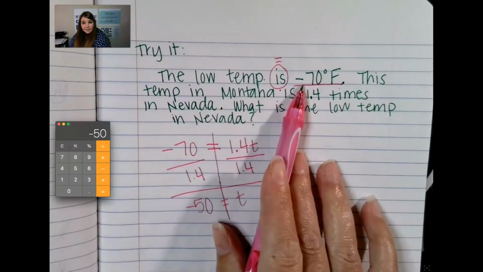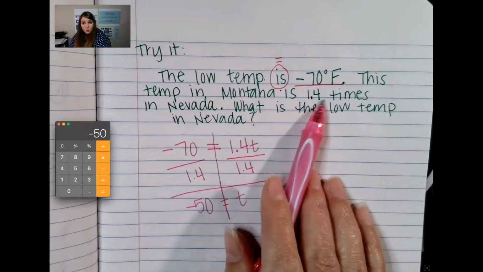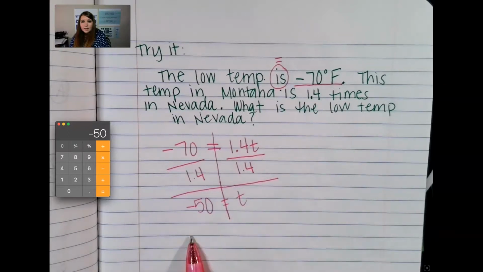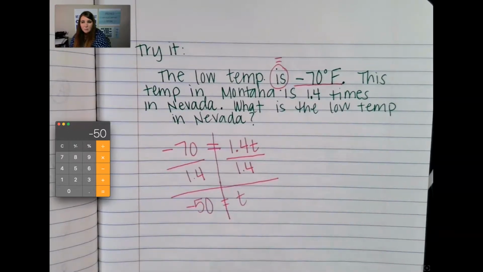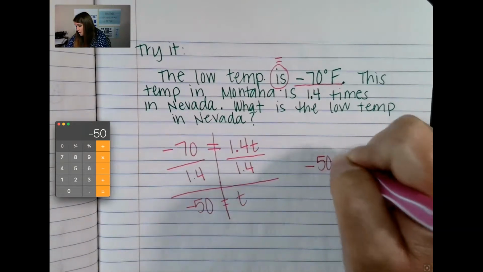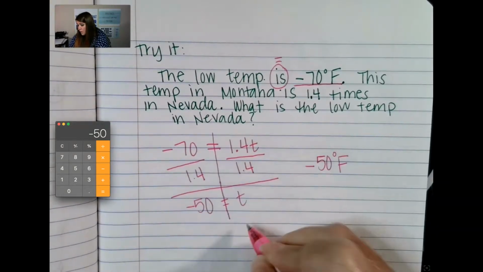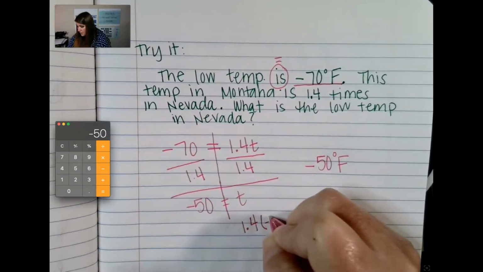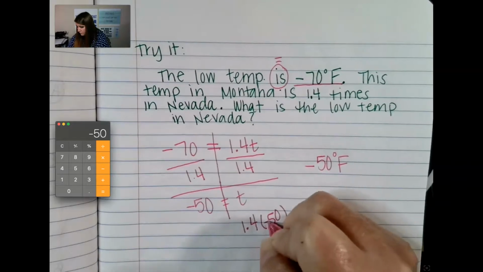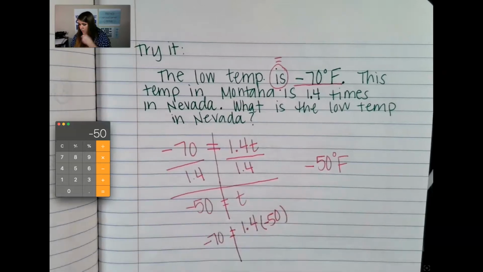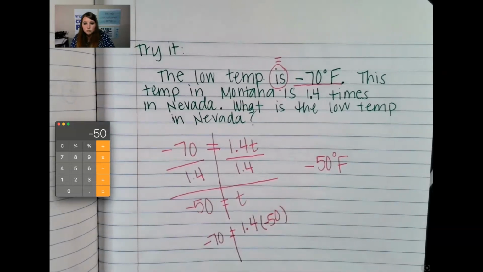Not as cold as in Montana, but 1.4 times warmer in Nevada than Montana is -50 degrees. Oh my gosh, -50 degrees Fahrenheit. Okay, and we can also check this by using substitution again and putting that -50 in here and seeing if we get -70.